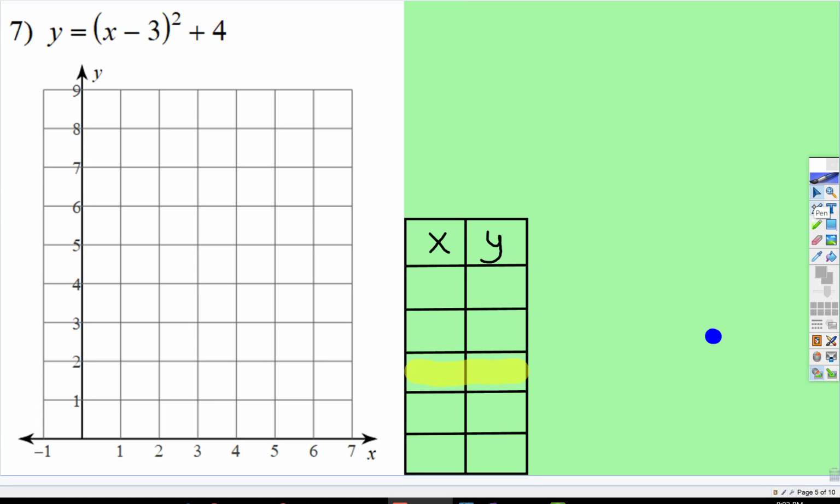Okay, now you've got a function where you already have it in vertex form. So all you have to do is identify a couple things. You have to identify the vertex, and you'll have your x, y values, and you'll mark that spot.